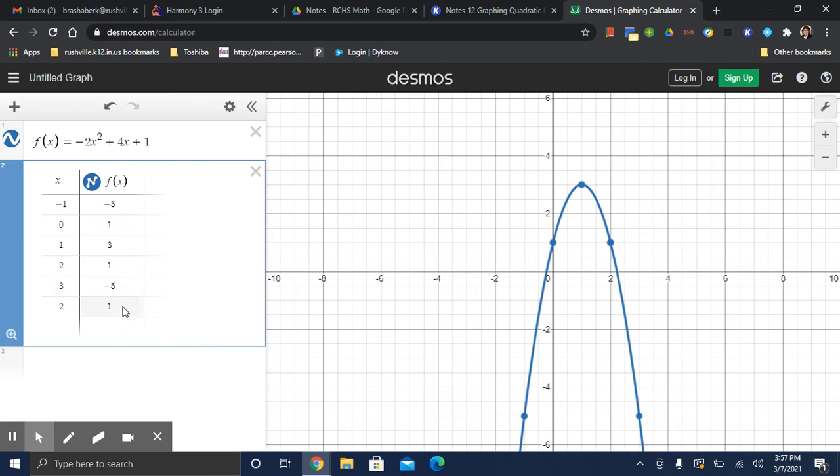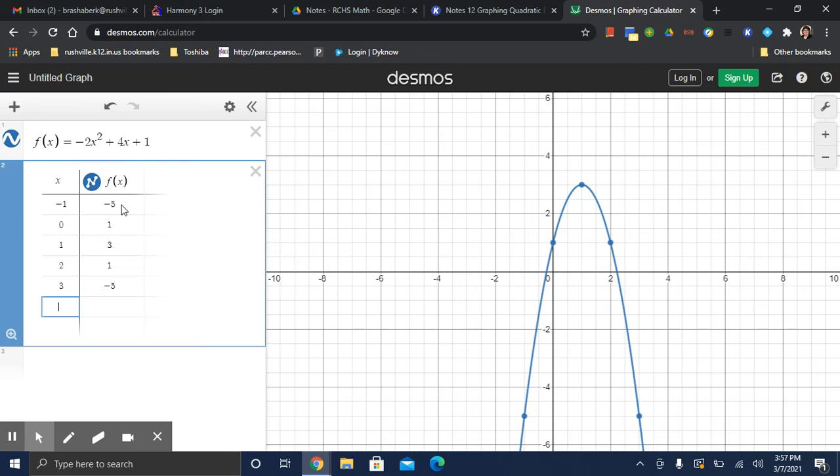And if it gives you any extras, you can either ignore them or get rid of them. You should see the repeating that occurs on the before and after of the vertex.